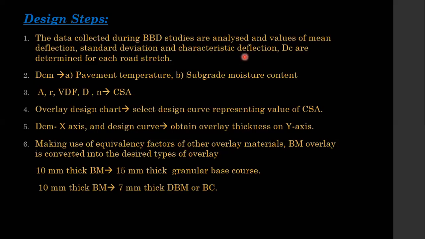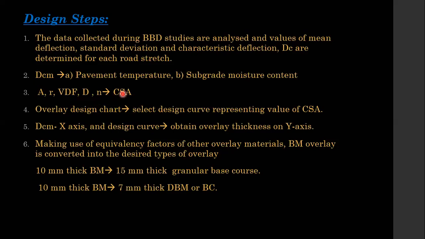Design step, that is the first step. In the previous class, you calculated the mean data, standard deviation data, and characteristic deflection data. Second, you apply the temperature correction and subgrade moisture correction. In the third step, you are given A, R, VDF, and D. A means the traffic data, R means growth, VDF means vehicle damage factor, D is the lane distribution, and N is the design life.